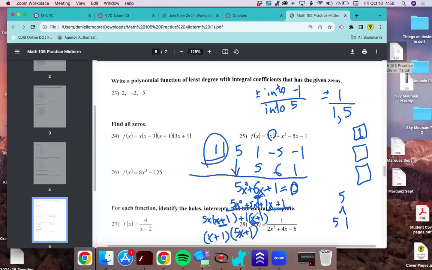And now we can find the other zeros. x plus 1 gives us -1. And then 5x plus 1, what would zero that out? I'll just subtract 1, and dividing by the 5 will tell me where I should be. x equals -1 divided by 5, or -1/5, or -0.2.